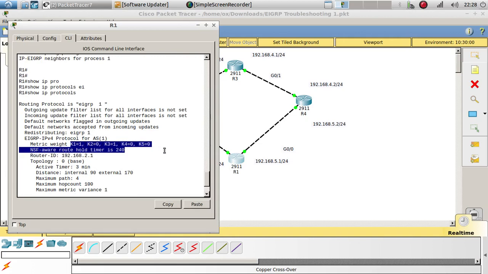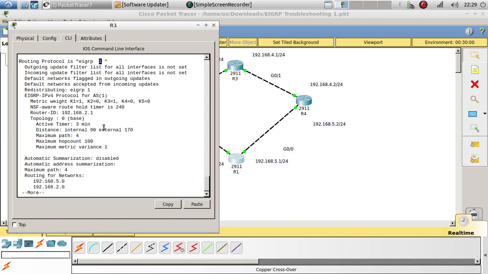The K values are 10100, because remember, if the K values are not the same, we are going to get a K values mismatch error, and we are not going to be able to form a relationship with another router using EIGRP. And we also need to have the same AS, autonomous system. So we are running autonomous system 1 over here.